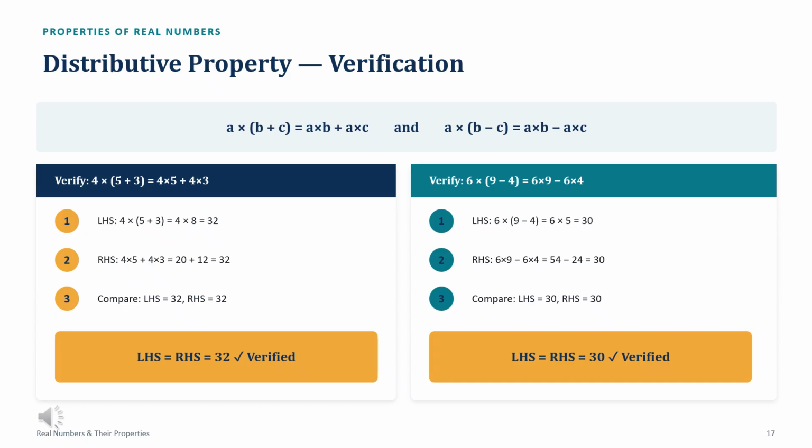Both sides match, verified. Now over subtraction, 6 times, in parentheses, 9 minus 4 equals 6 times 5, which is 30, and 6 times 9 minus 6 times 4 equals 54 minus 24, which is also 30. Both sides match again, verified.